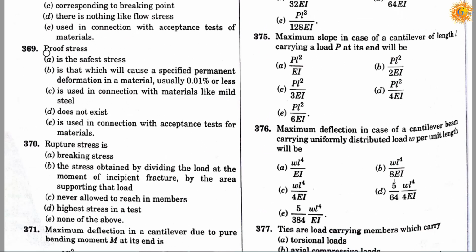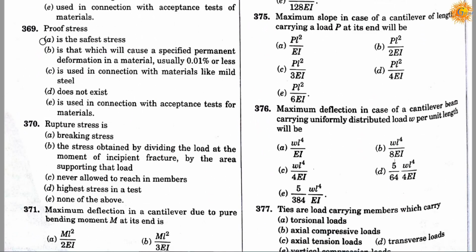Question number 369. Proof stress is, option A, the safest stress, and option B, that which will cause a specified permanent deformation in a material, usually 0.01% or less. Option C, is used in connection with materials like mild steel.